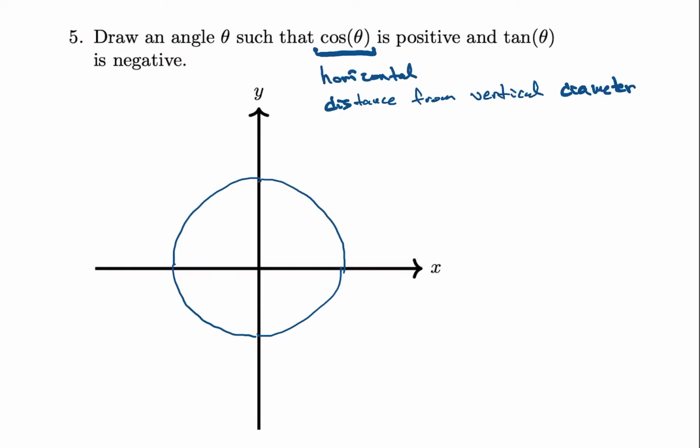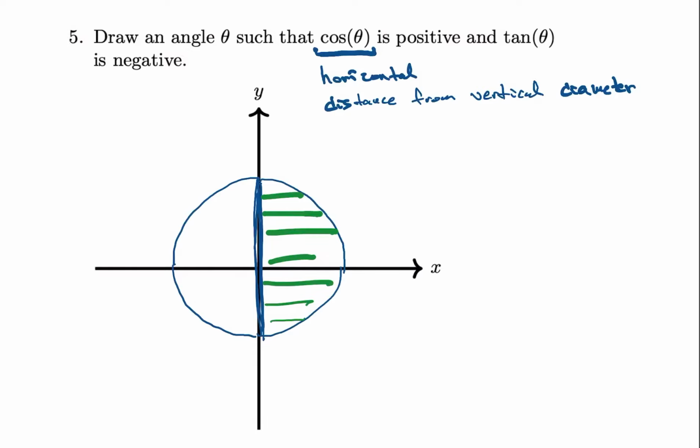So we have a vertical diameter, this one right here. And our horizontal distance from this vertical diameter is positive. So that means it has to be on the right side of this line. So all these are positive distances in terms of x value, right? So for now, we have the first and fourth quadrants as candidates.